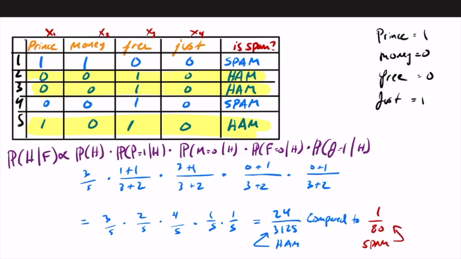So in this case, 1 over 80 is larger, so we will predict spam.